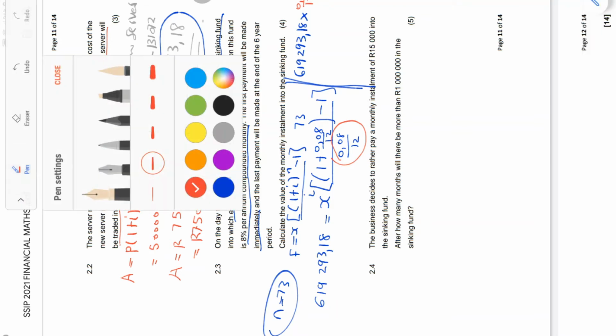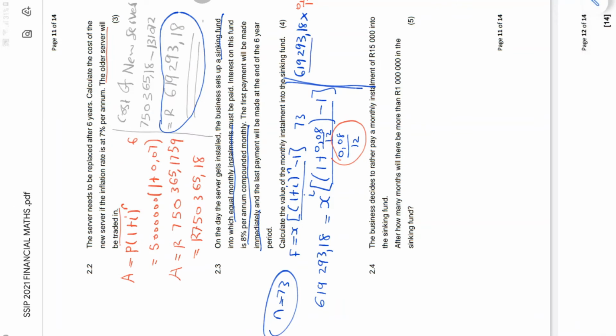Then after, you have to divide by the brackets, which is 1 plus 0.08 over 12 to the power of 73 minus 1.